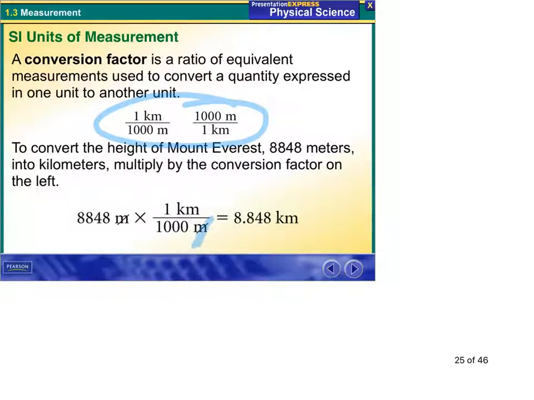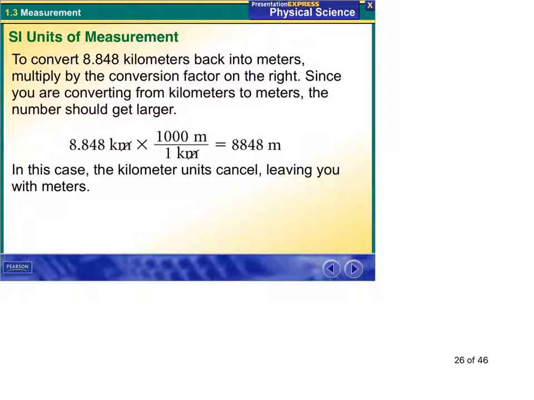The meters divide out, we're left with kilometers. We do a little division, we get 8.848 kilometers. Or in the other direction, we flip the unit over, kilometers cancel, and multiply 8,848 by 1,000 to get meters.